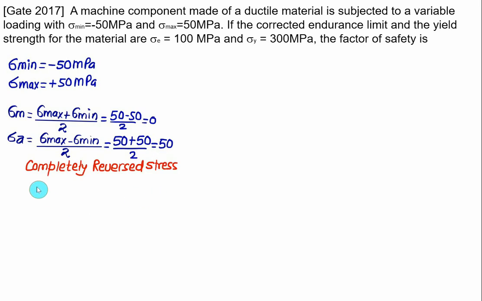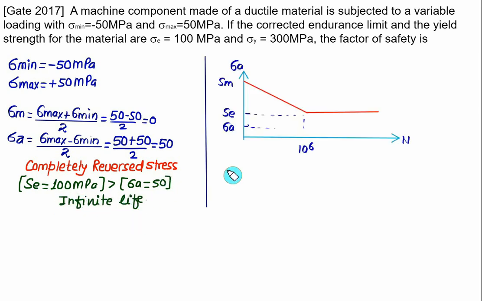In addition to this, we have been given the endurance limit. The only data required is the endurance limit because we are going to solve the problem by the SN diagram. So we have endurance limit SE equal to 100. And this value of SE, which is 100 megapascal, is greater than the value of sigma A, which is equal to 50. It means that we have an infinite life. So we'll use the SN diagram here to find the factor of safety.